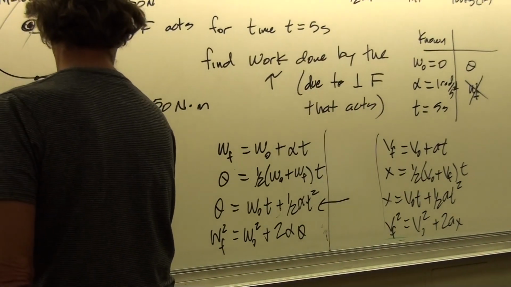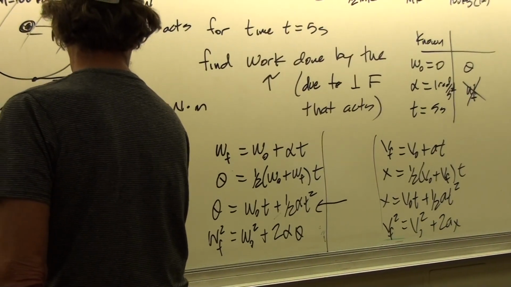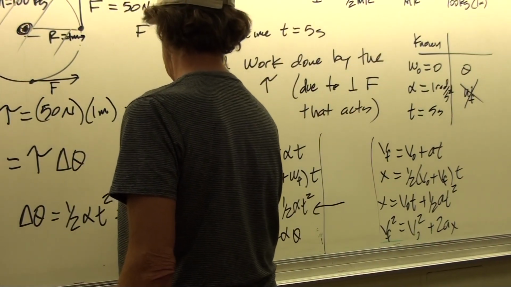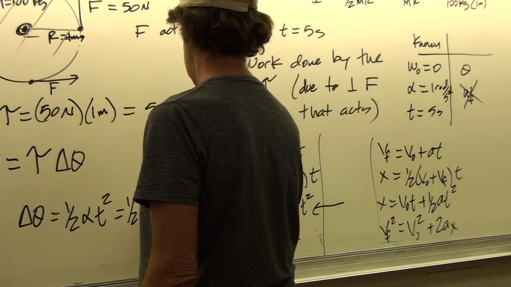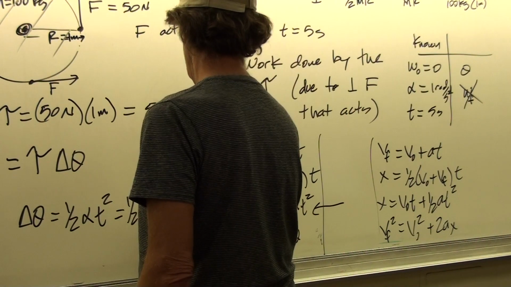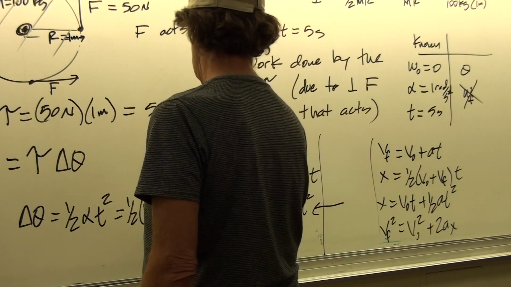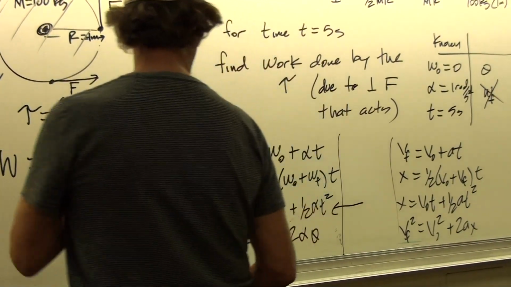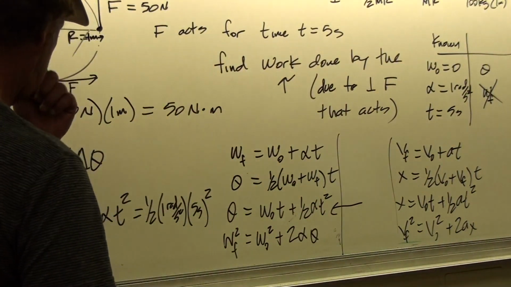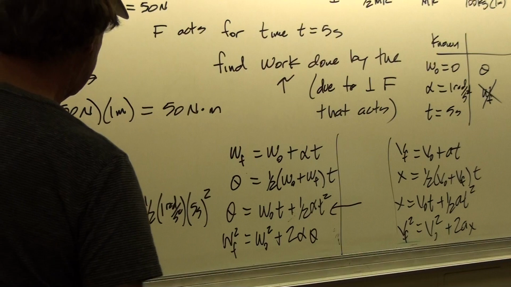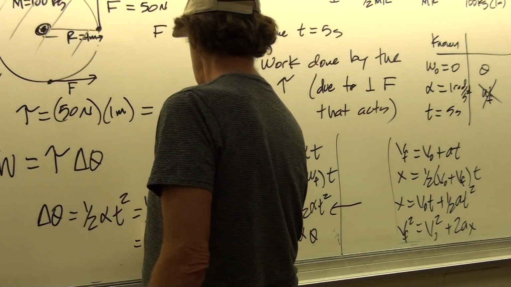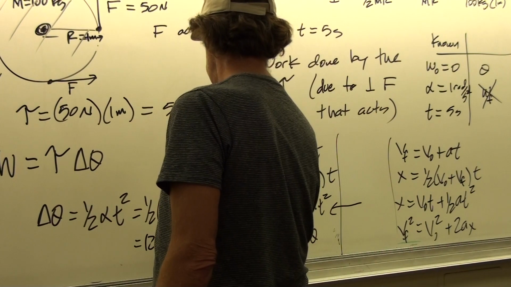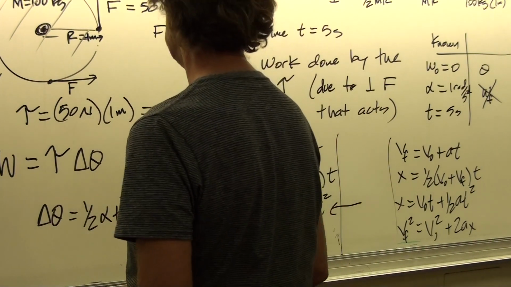Delta theta would just then be equal to 1/2 alpha t squared, or 1/2 times 1 radian per second squared times 5 seconds squared. Okay, and so that would be 25 divided by 2, or 12.5 radians for delta theta.